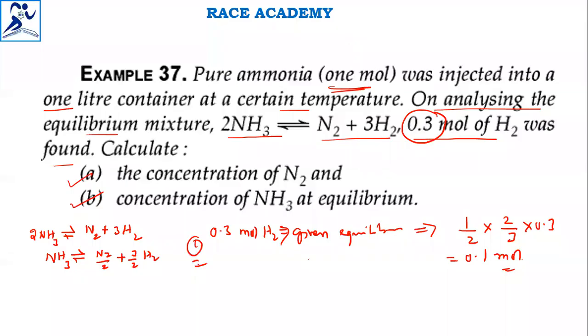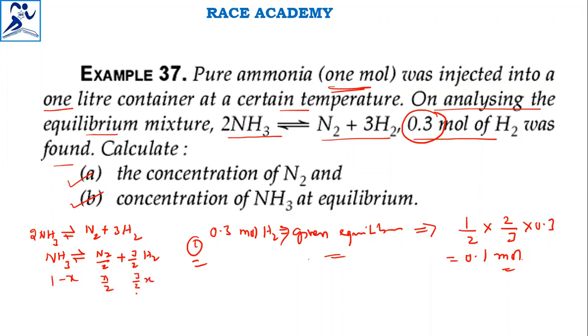So this is the answer for the first one. So concentration of N2 is 0.1. Or else you can also find that one by taking a different kind of relation. Simply, from the equation, 1 mole ammonia, if it is dissociated, initially it will become 1 minus x, it will be x by 2, and 3 by 2 x.